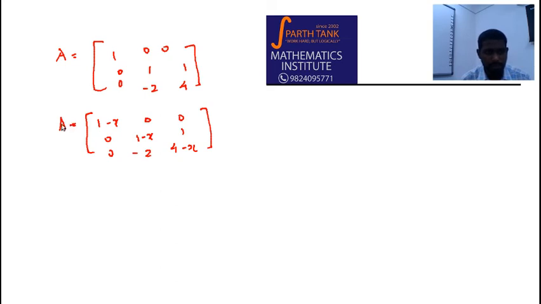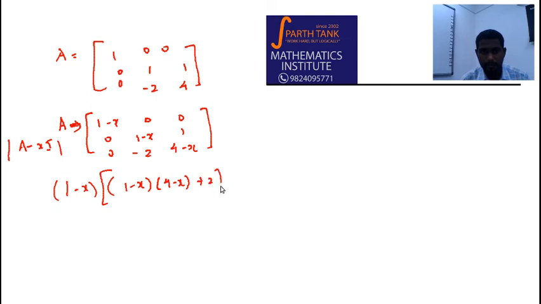So you transform that A into this form with a minus x along the diagonal. Basically it is A minus x times I. Now you find the determinant of this matrix, which would be 1 minus x into 1 minus x, 4 minus x plus 2, and you expand this carefully.